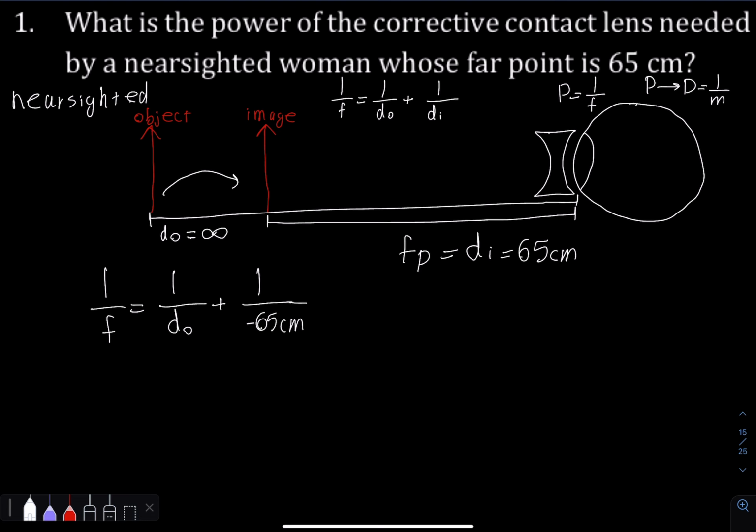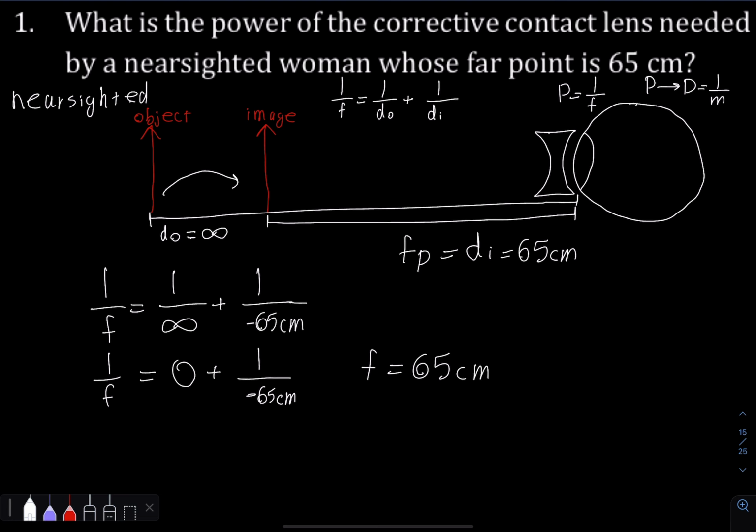Now I didn't fill in distance from object. It's going to be infinity, right? So I should fill that in. Infinity. 1 over infinity is 0. So 0 plus this, you will realize that the focal length of this is 65 centimeters, really negative 65 centimeters.